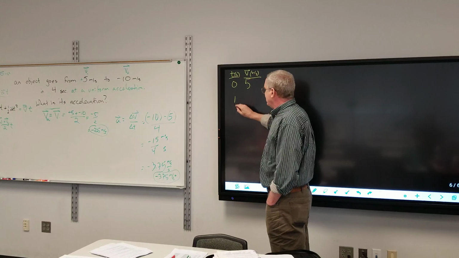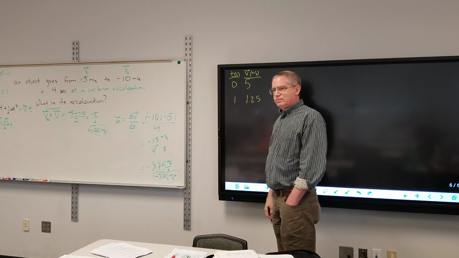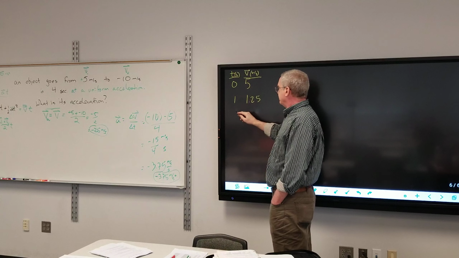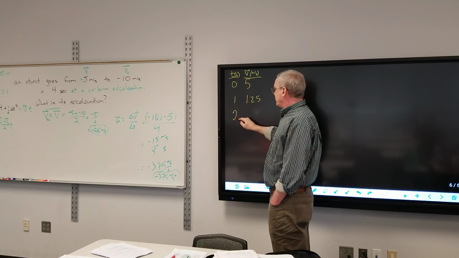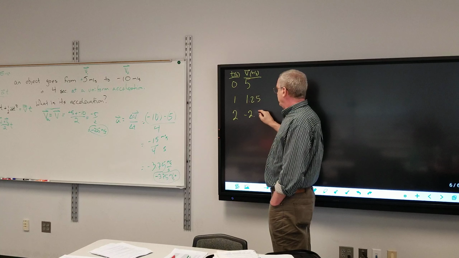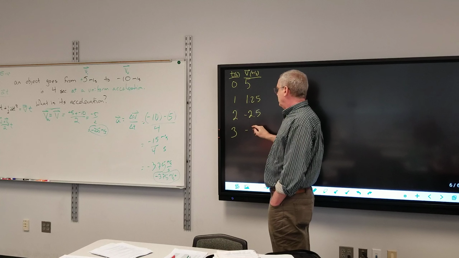So after 1 second, I'm now at 1.25 meters per second. The difference is -3.75. After another second, I'm at -2.5 meters per second. After 3 seconds, negative.